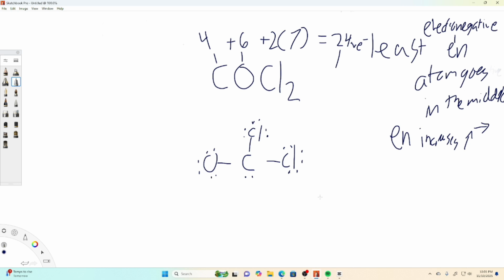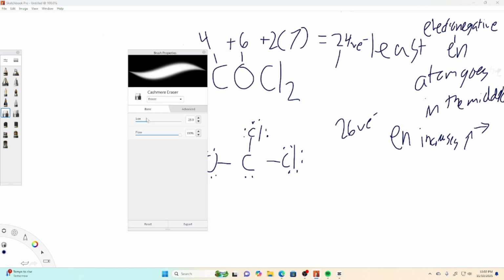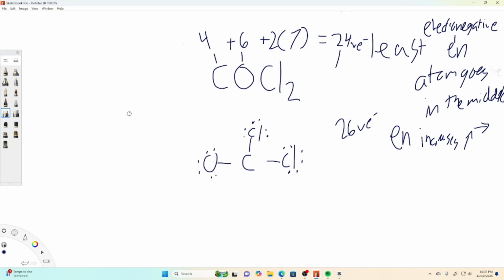Okay, so we have 26 valence electrons. That is too much. We can't have 26. So we're going to remove 2 valence electrons so that we actually have 24 instead. So let's remove the 2 valence electrons from this carbon. Now we have run into a dilemma.